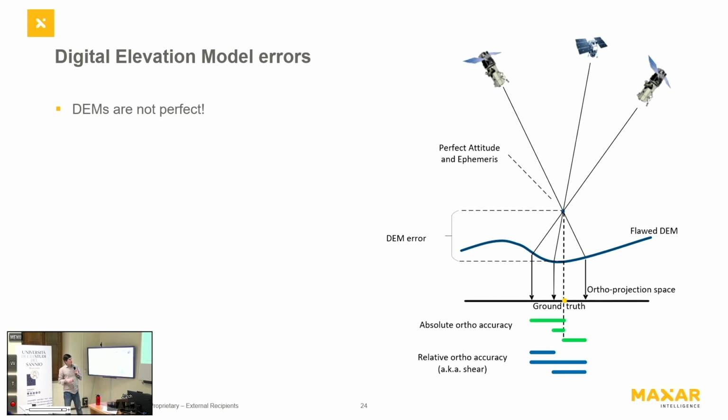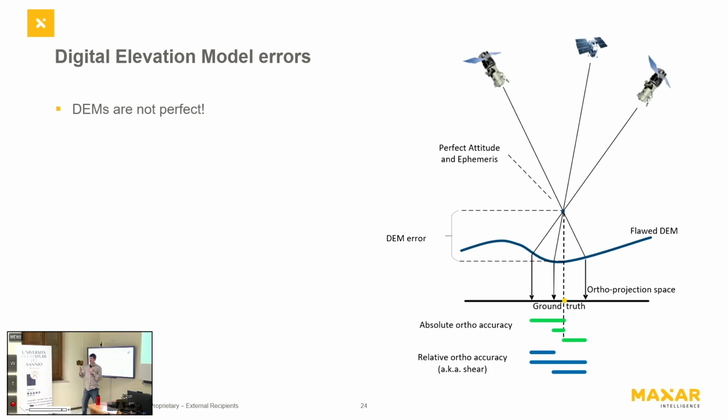There are also a couple of different concepts here. There is absolute accuracy, meaning that this is the point that you want to measure. And because the DEM is not accurate, you have some different projections between this point and these 3. There's also the relative accuracy, which is basically one time your ray is over here, and in another collection, the same point gets projected here just because the viewing angles are different.